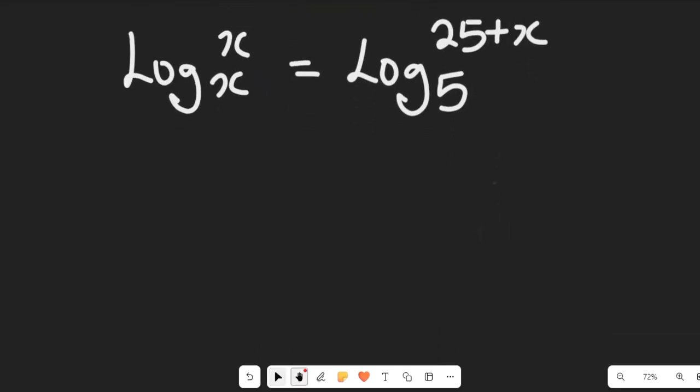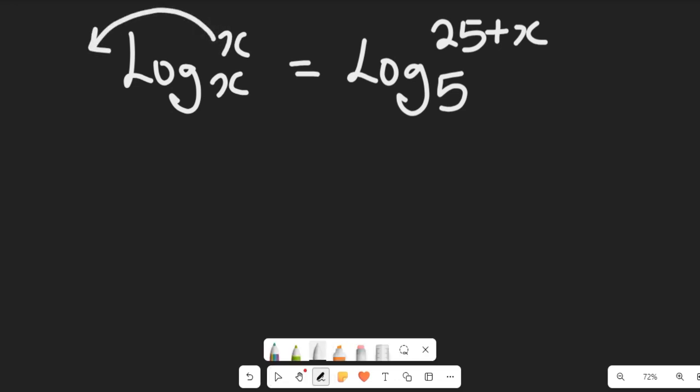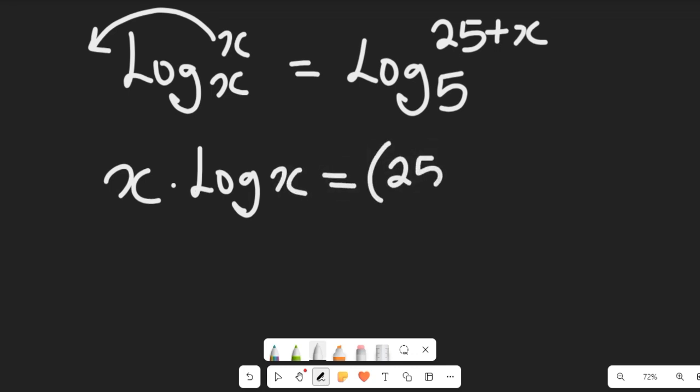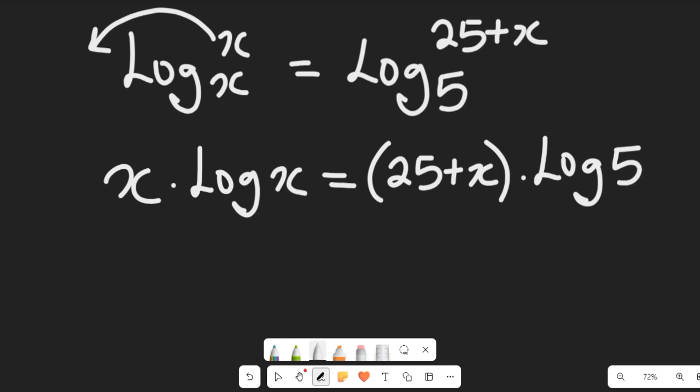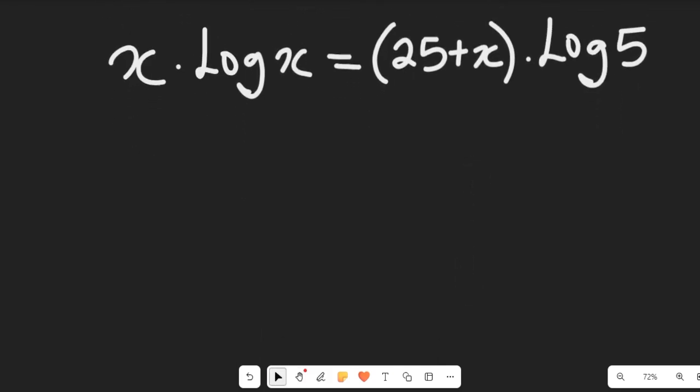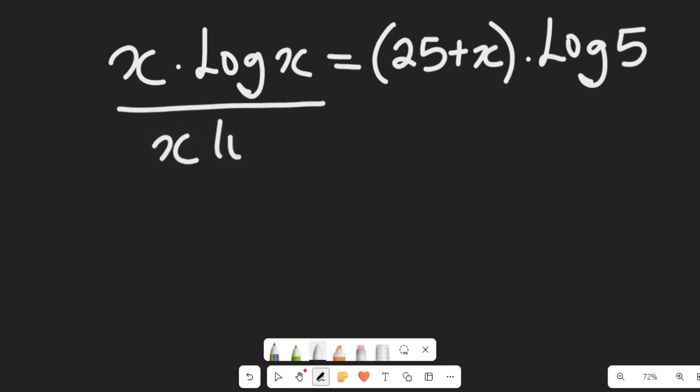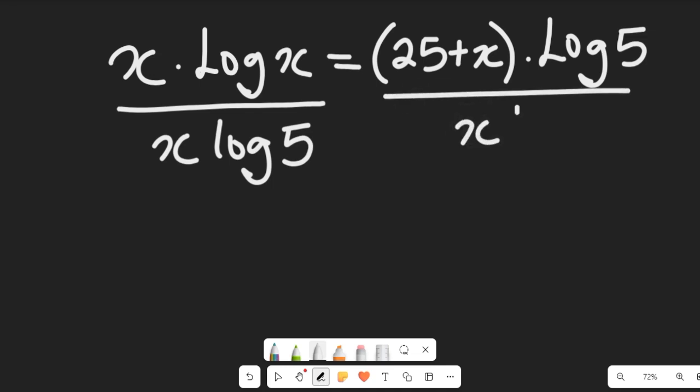From that expression, according to the laws of logarithm, the power will multiply the logarithm, and then we'll have x multiplied by the log of x equal to 25 plus x multiplied by log of 5. Great. At this point, I'm going to divide both sides by x log 5.